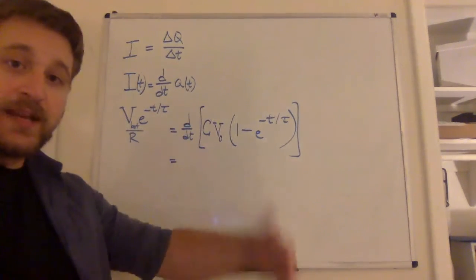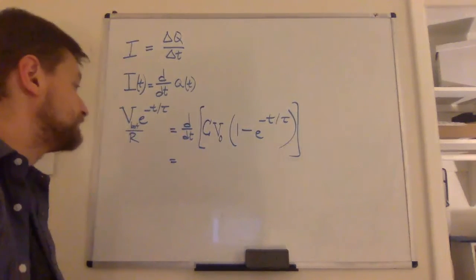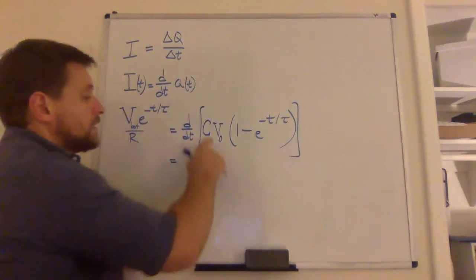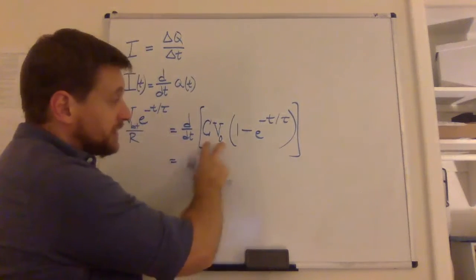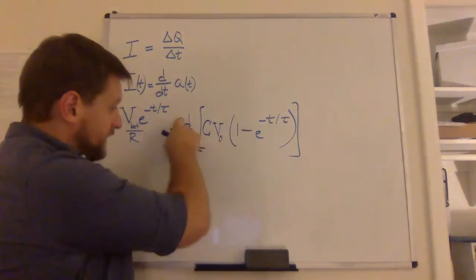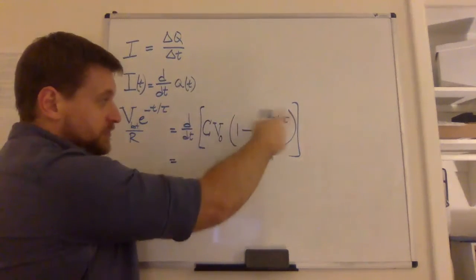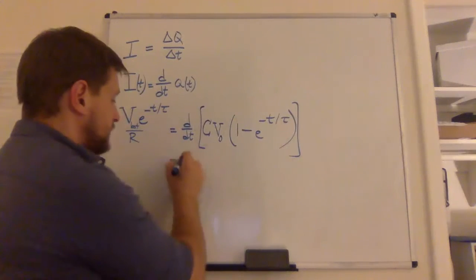The time rate of change. All right. Capacitance, battery voltage, those are constants. I can multiply now, or I can ask for the time rate of change of this expression and multiply after. So I'm going to multiply after.